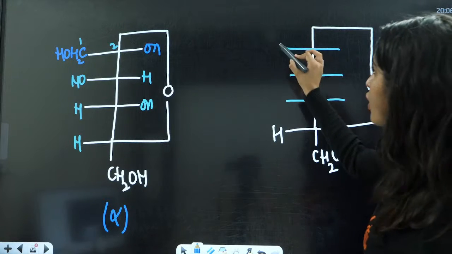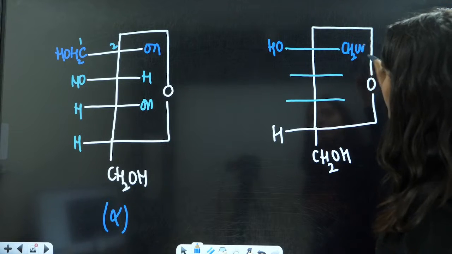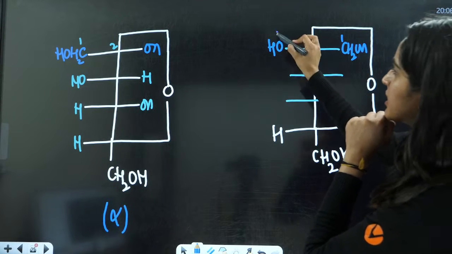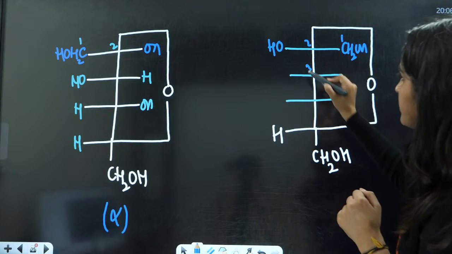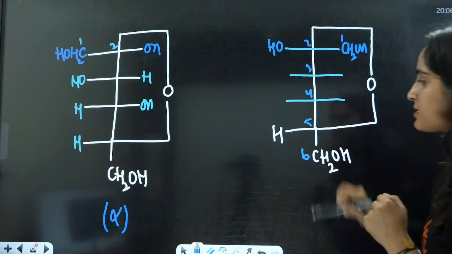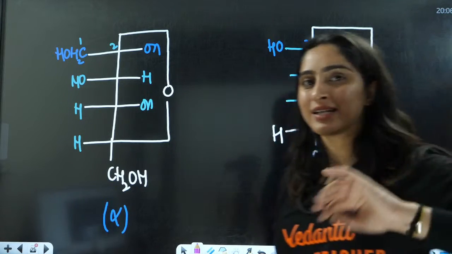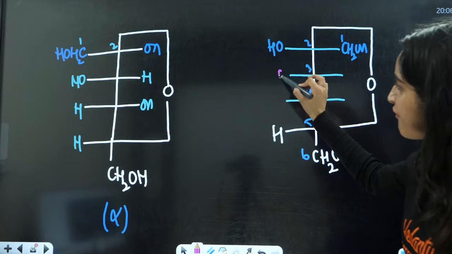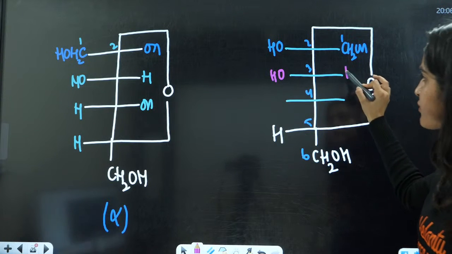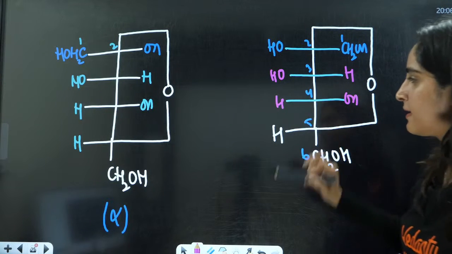If the OH group is on the right side, there should be a CH2OH group here. This is the first carbon, this is the second carbon, then third carbon, fourth carbon, fifth carbon, sixth carbon. On the third carbon, in glucose or fructose, you always have the OH group on the left side. This is hydrogen, otherwise you have OH on the right side.